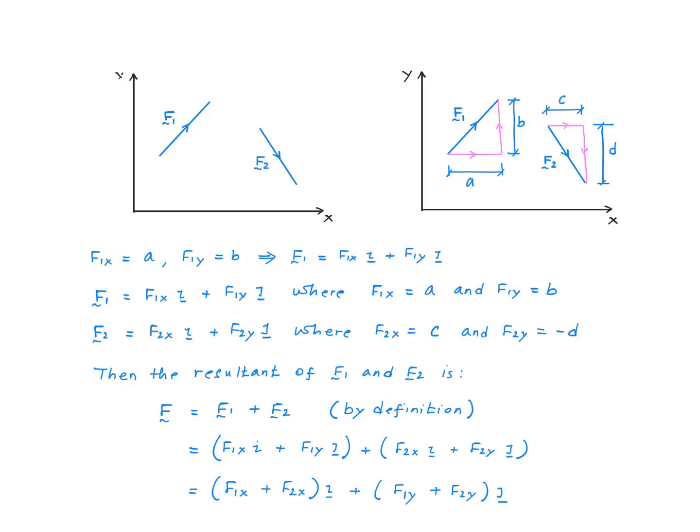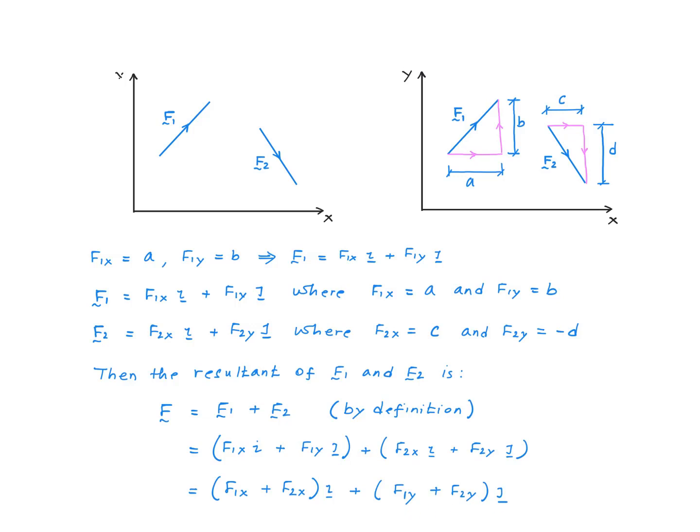We find the resultant of F1 and F2 by adding the two force vectors. Utilizing the component form of these vectors, F1 plus F2 can be written like this. In the next line, what we do is we collect all the i terms and group them together. So here we have F1x and F2x go with the i term, right? So group them together, that means sum them up, and then put that along with the unit vector i. Do the same for the y component.